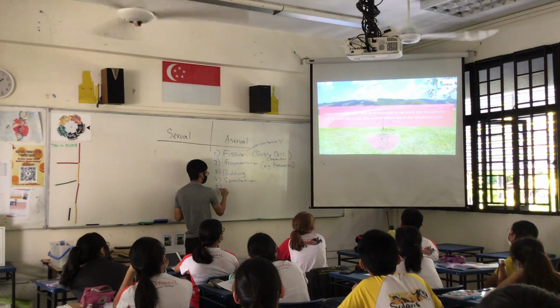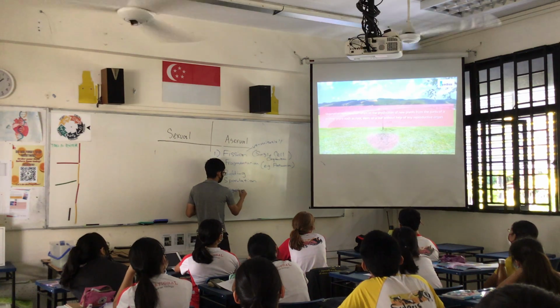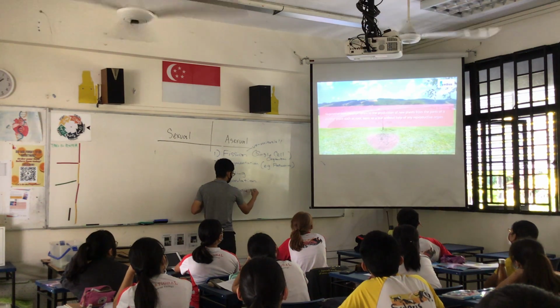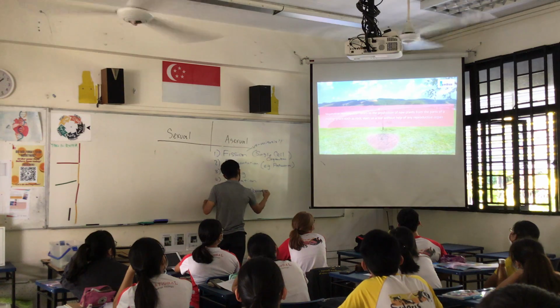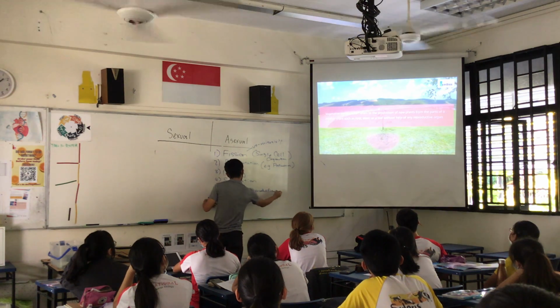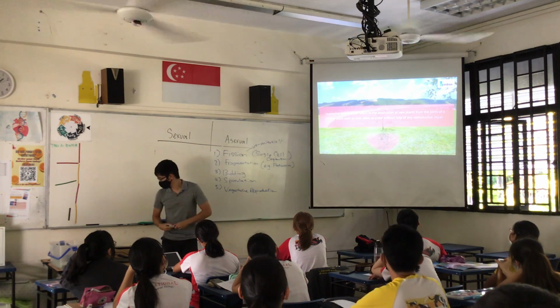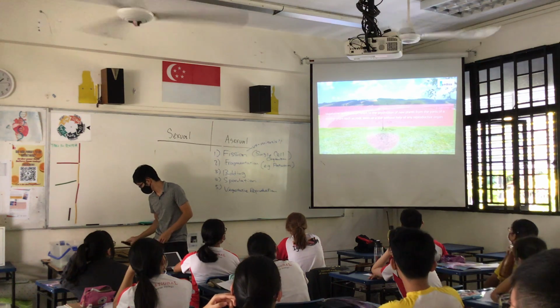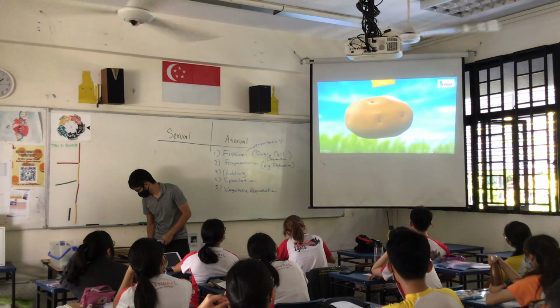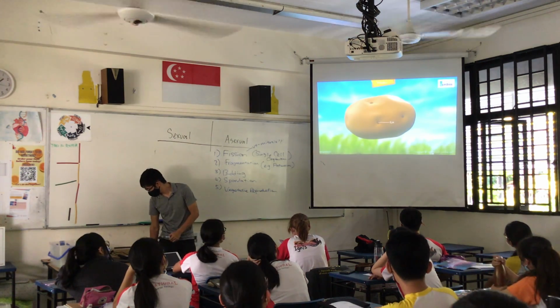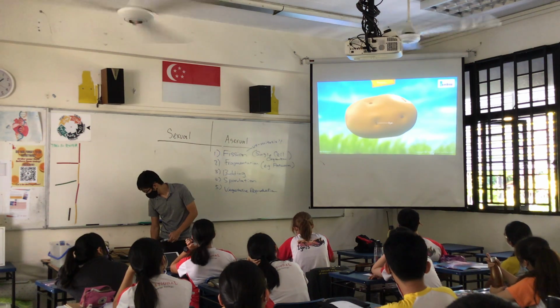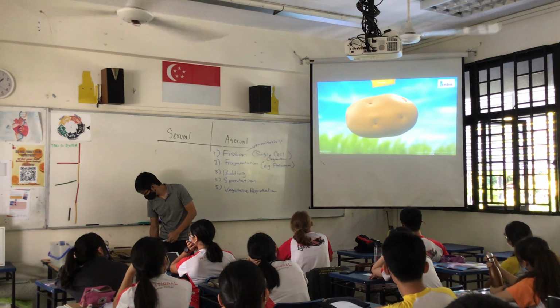Vegetative reproduction refers to the production of new plants from parts of the mother plant, such as roots, stems, or leaves, without the help of any reproductive organ. Potato. There are several buds present on the surface of a potato called eyes.